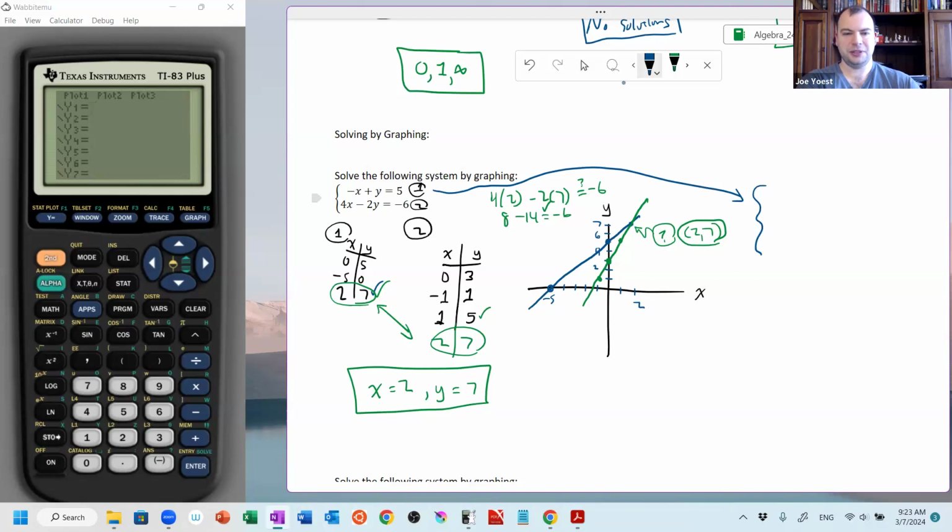For the first equation, I can just add x to both sides. For the second equation, it's a little bit more complicated. I can subtract 4x from both sides. And then I can divide both sides by -2.